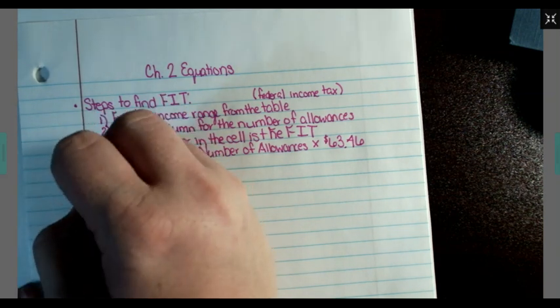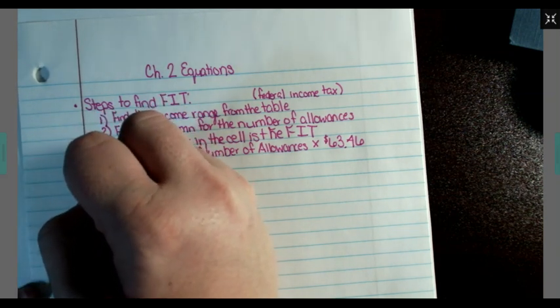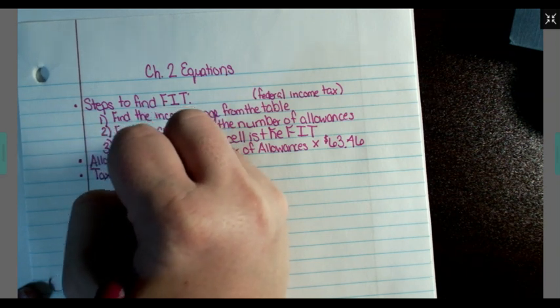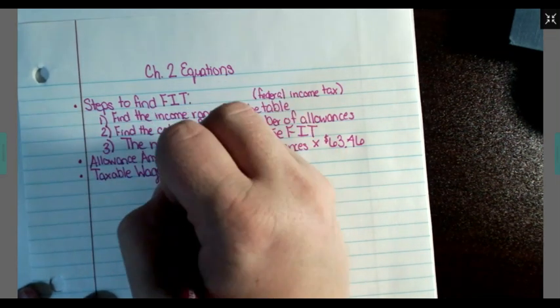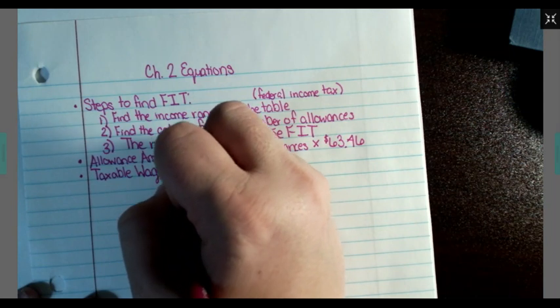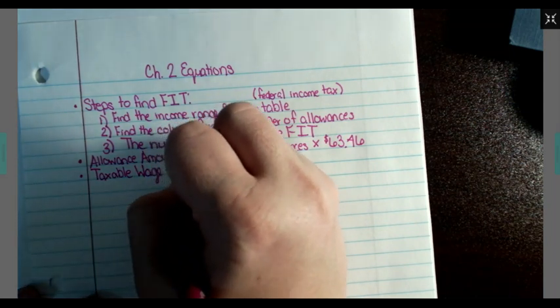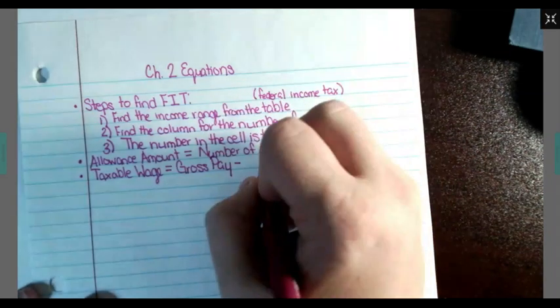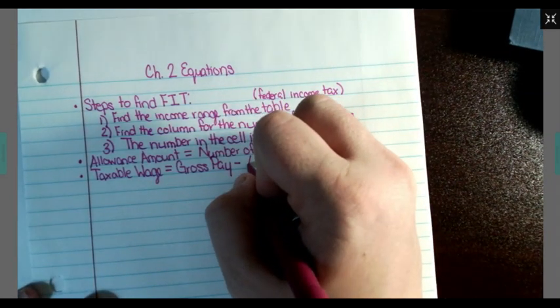Taxable wages equals gross pay minus allowance amount.